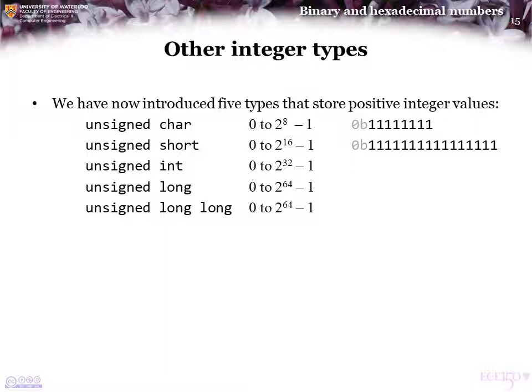Unsigned int is generally 32 bits long, allowing us to store values as large as approximately 4 billion. And unsigned long, depending on what machine you're on, is stored in either 32 or 64 bits. If it is 64 bits, this stores up to slightly more than 16 quintillion.